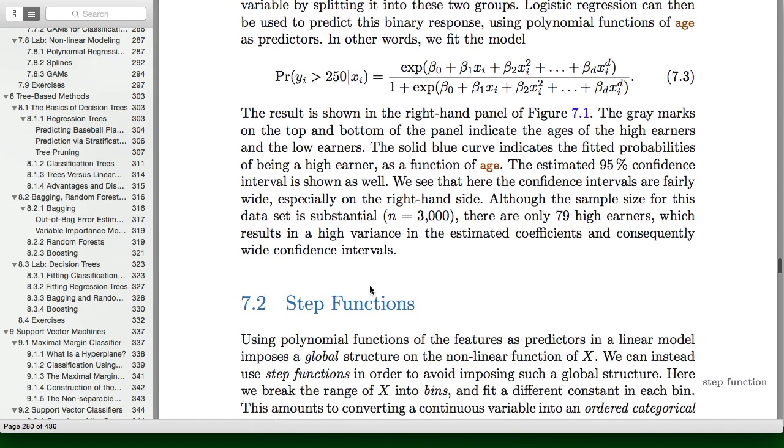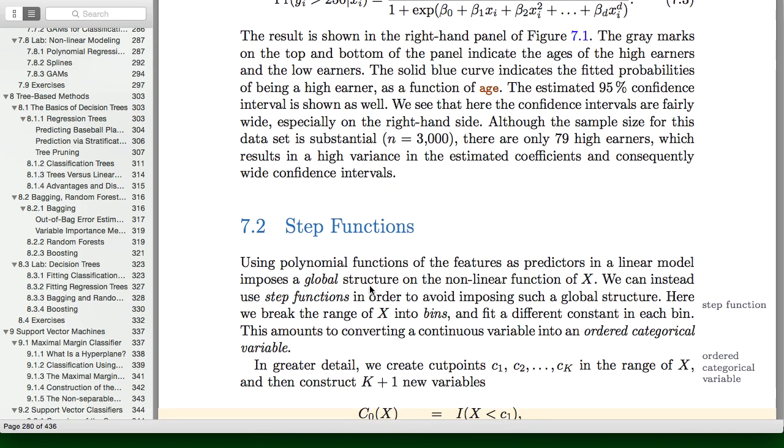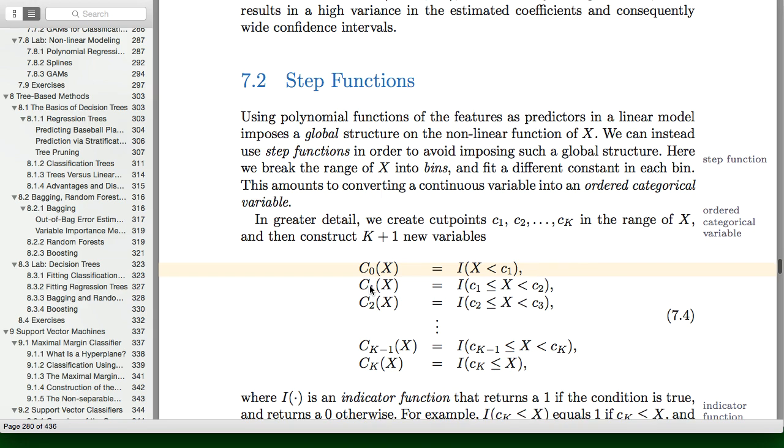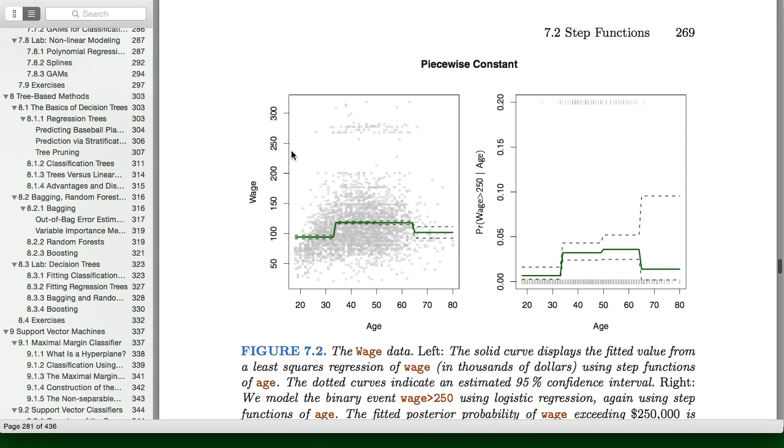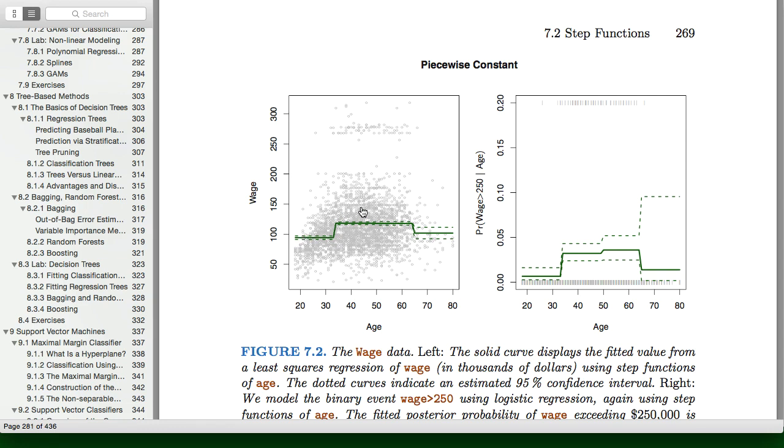Now, one alternative to this, instead of imposing this global structure, is to do constants. So here, let's just take a look at a picture of a step function, and you can see obviously why it's called a step function, because it looks like stair steps. So what we do is take some category of x's.